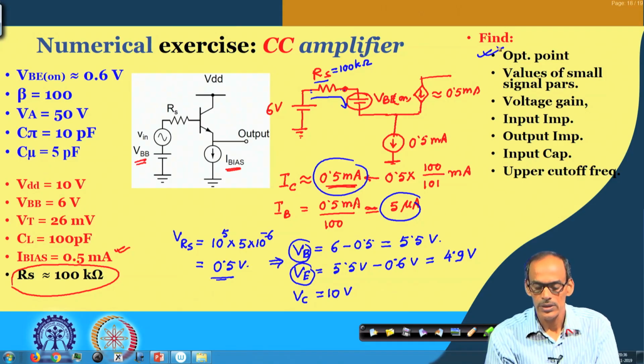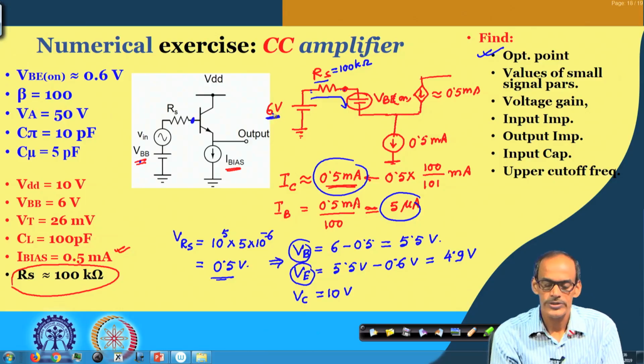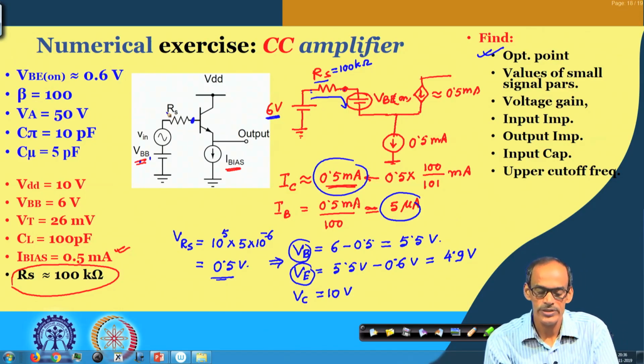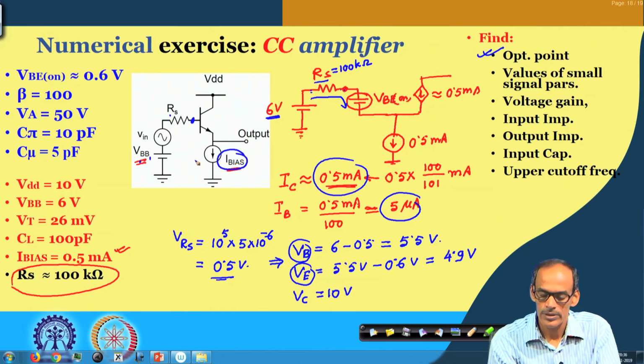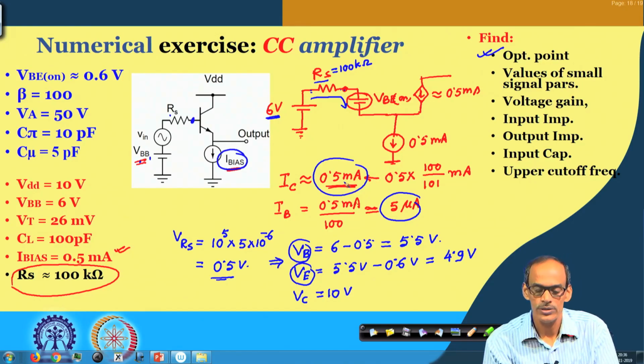Note that even though the voltage here is significantly different from the 6 volt bias, due to the finite value of this source resistance, the bias current here is ideal, quote and unquote, of the same value of 0.5 milliampere.